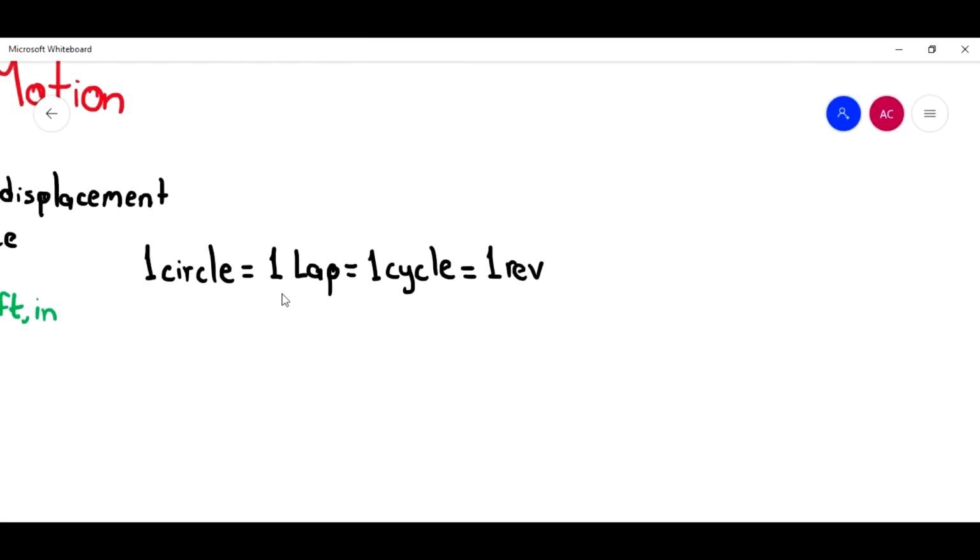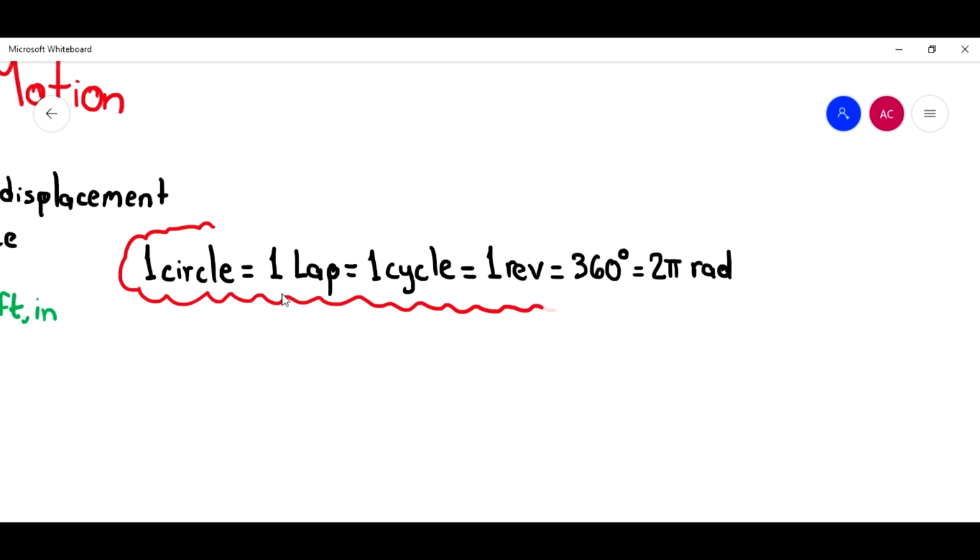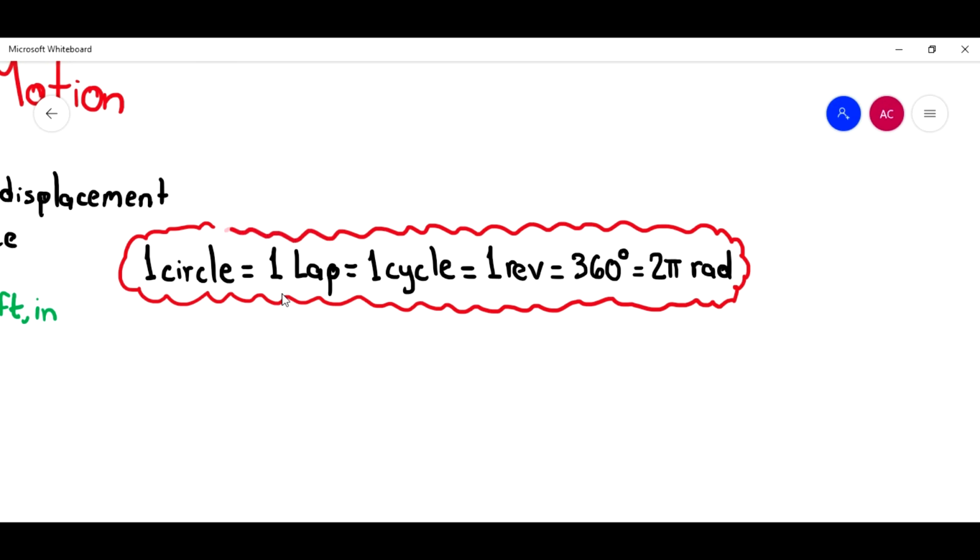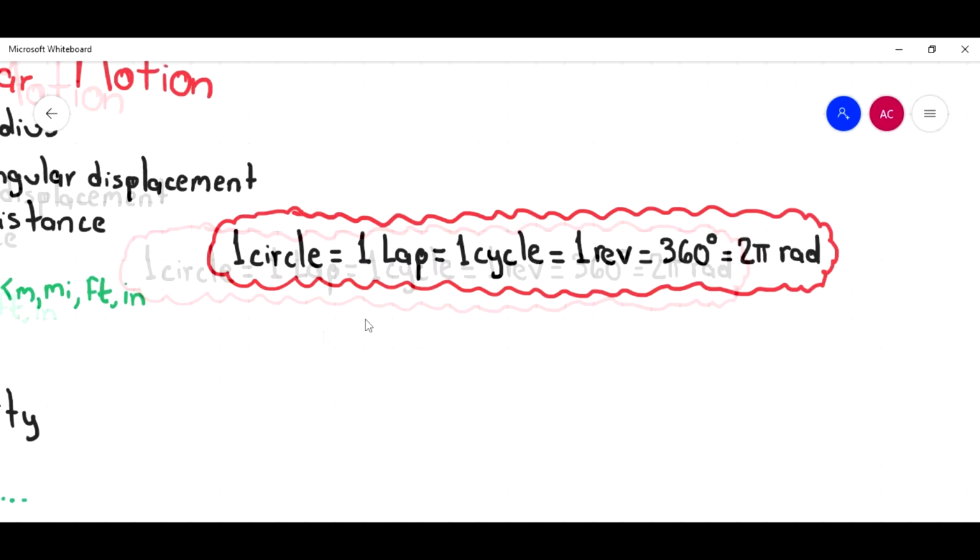So 1 circle, 1 lap, 1 cycle, 1 rep, those are equal to 360 degrees or 2 pi radians. I'm going to circle this, and I recommend you keep it as very important, because in the problems they might not tell you the exact number of the angular displacement.